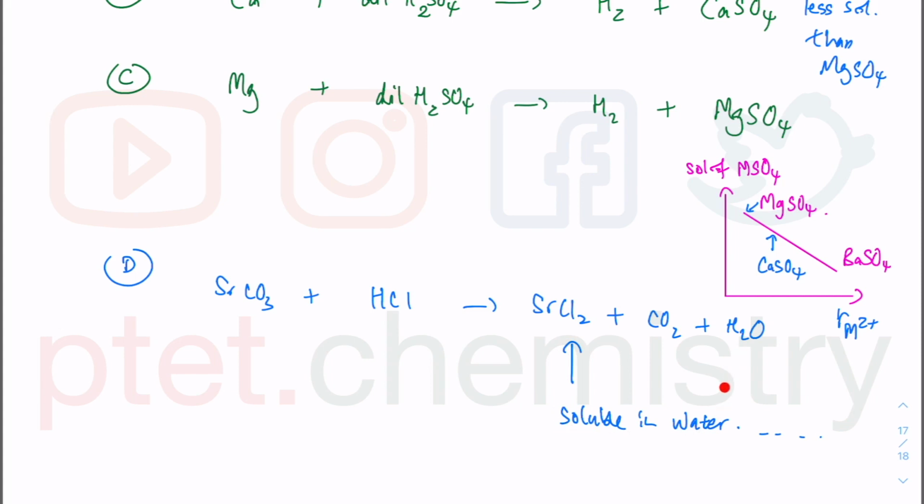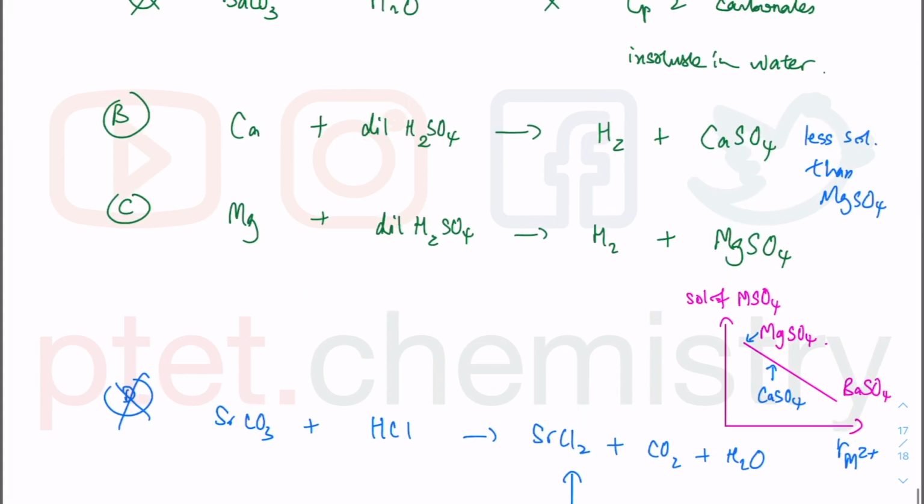So you don't see a white precipitate. So that's not what we're looking for. So D is not the answer. Between B and C, I'll go for B because this is less soluble than MgSO4. So you know that you are going to see a white precipitate. This is insoluble. Okay.